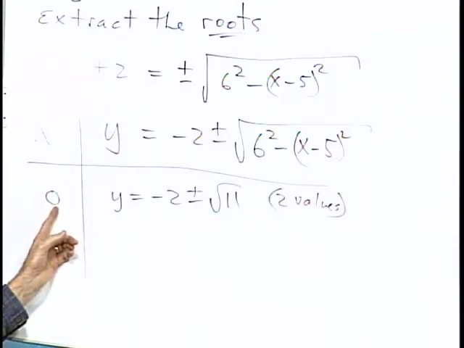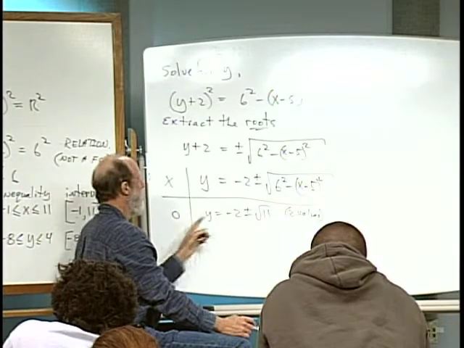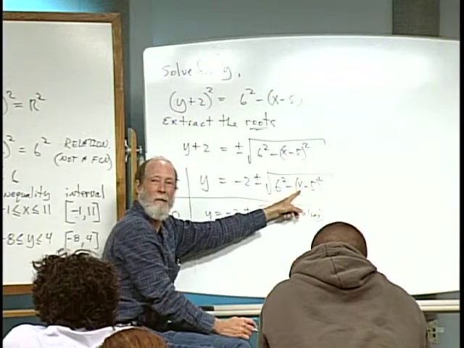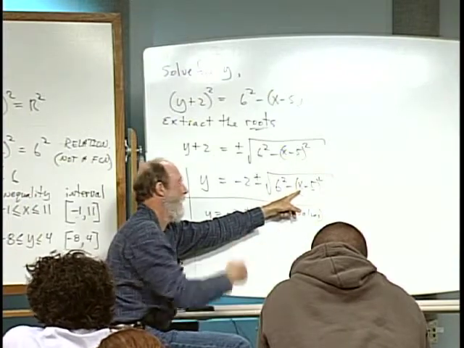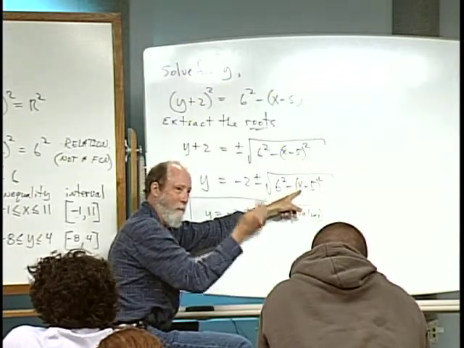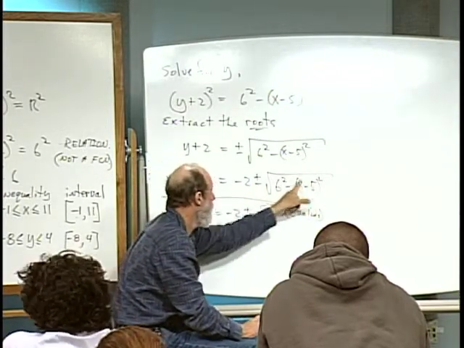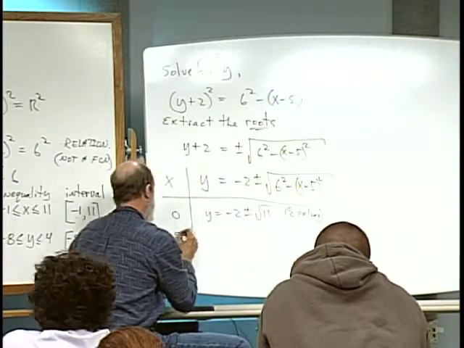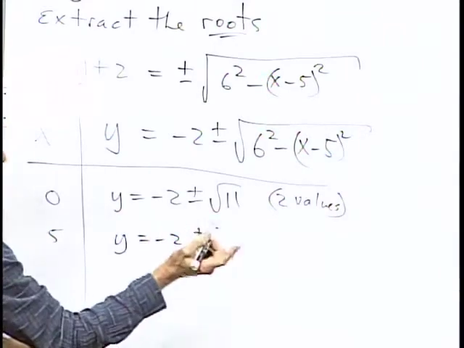What would be an easier input to choose, even easier than 0? 5. Right? So what I'm working on is trying to, as I said last class session, help you sort of see things in algebra, and you'll get good with it with practice. If you put a 5 in here, that zeroes this whole term out, and so I'm going to get y equals negative 2, and I'm still in my domain, aren't I?